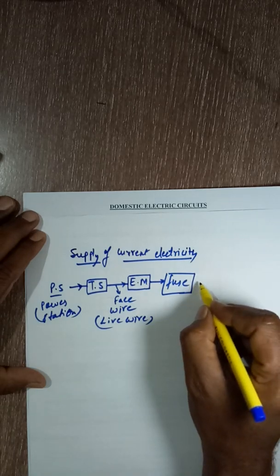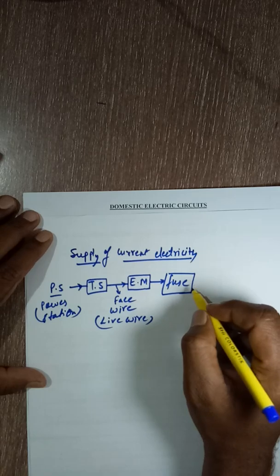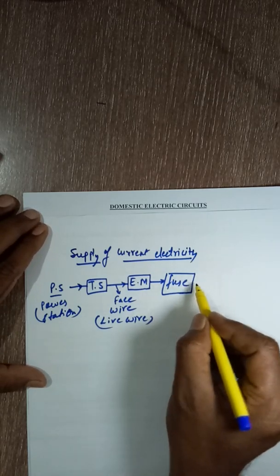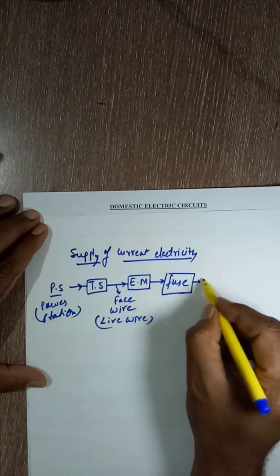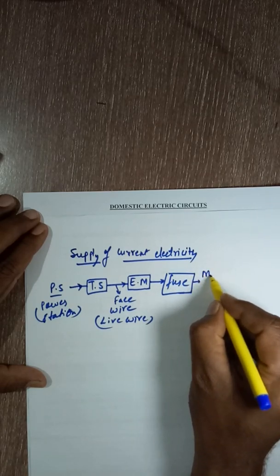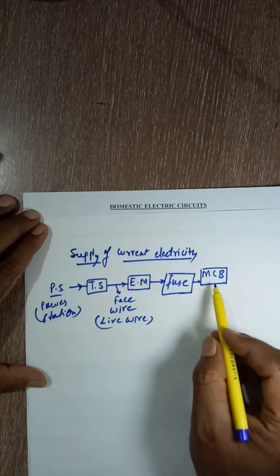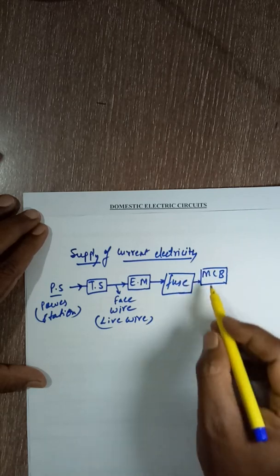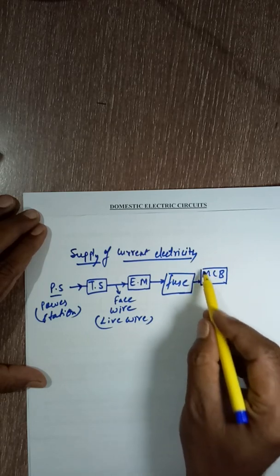Now from the fuse it comes to our house. Instead of a fuse, nowadays, MCB, that is, miniature circuit breaker, is used. MCBs are being used in place of fuses, but traditionally we used to keep a fuse in the circuit.